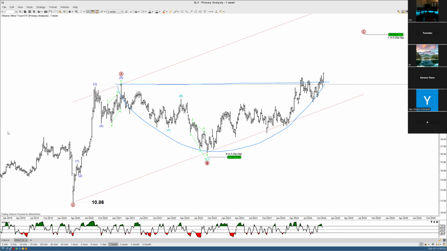Look at that. So round bottoms, where do they normally break? To the upside, because the price is just curving back up, right?